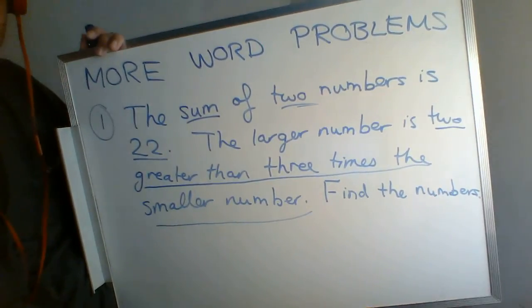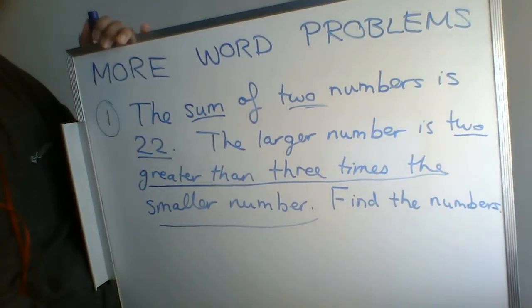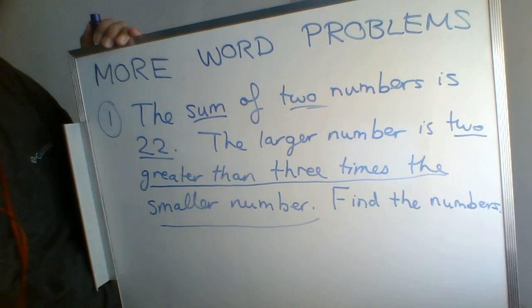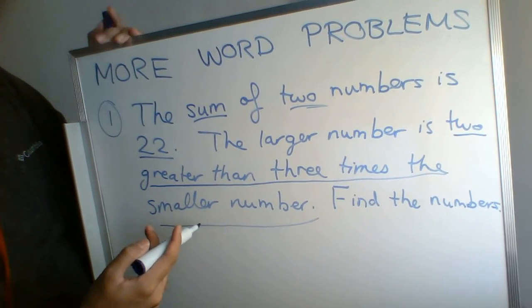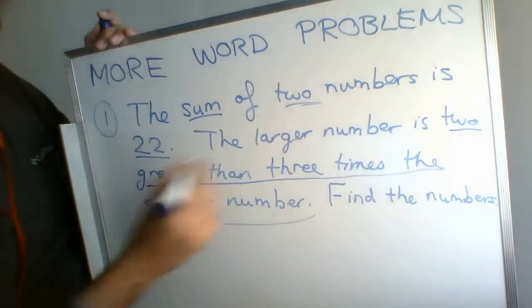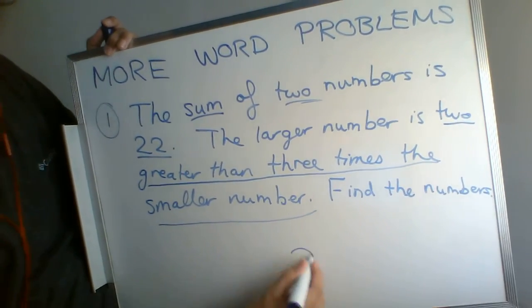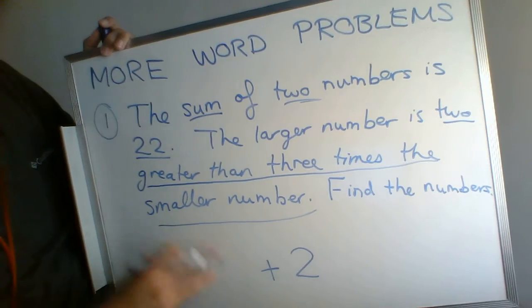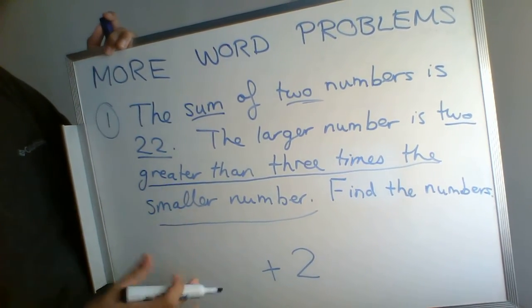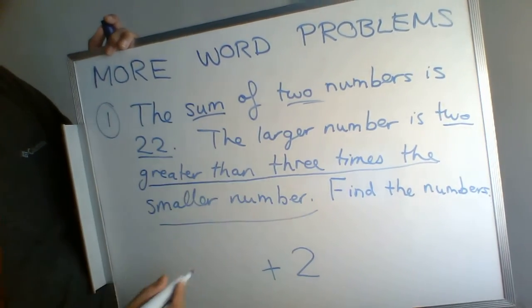I know I just underlined a lot right there, but basically the larger number is going to be 3 times the smaller number plus 2. We could say it's 2 greater than something, so it'll be something plus 2. What's that something? 3 times the smaller number.